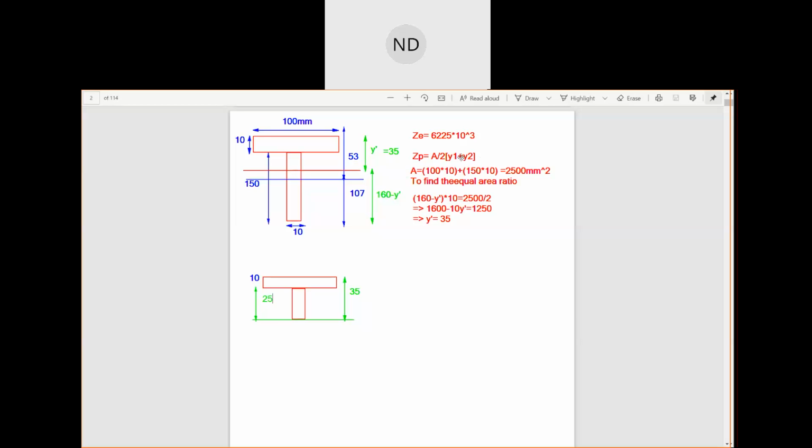ZP is equal to this much. Now we have to see the center of gravity of this portion for y1. Suppose y1 is the CG of this portion above the equal area axis.